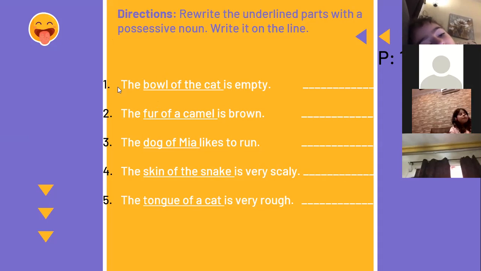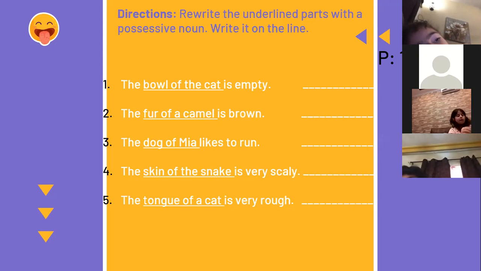Page 152. Okay. The bowl of the cat is empty. The cat's bowl.